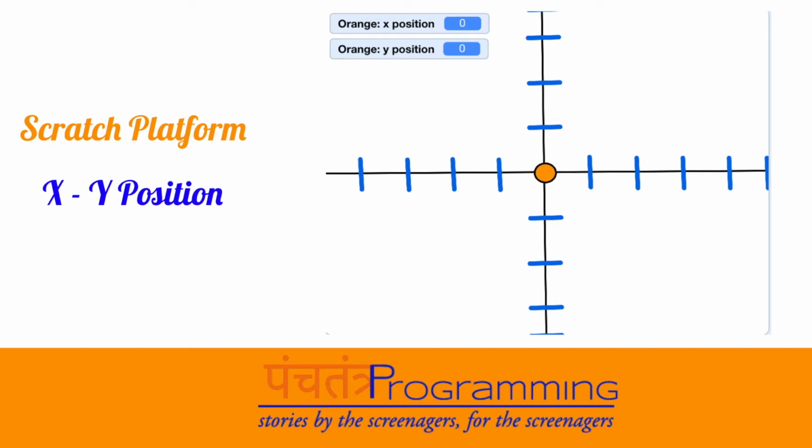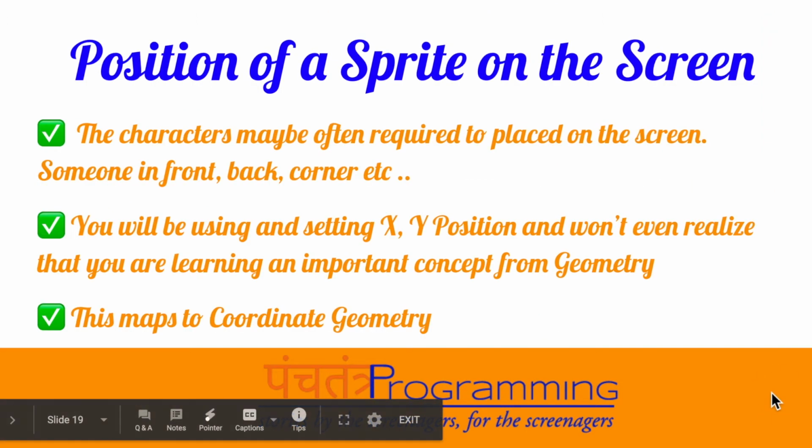So clearly, position is a very important aspect. And therefore, it is available to do this very easily on the Scratch platform. To make placements, what we have is something called the XY coordinates.